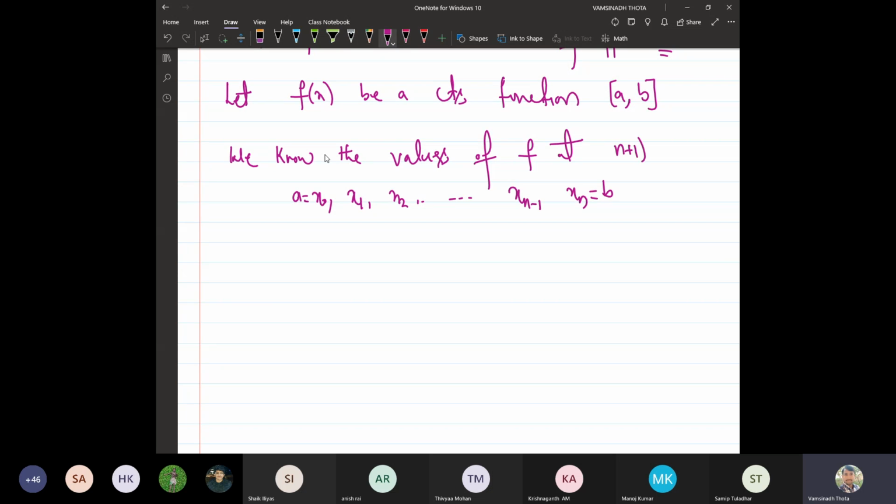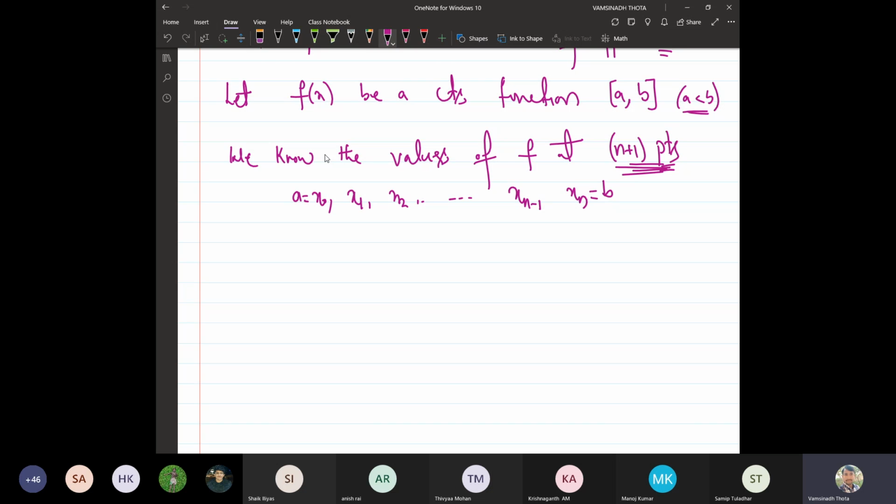So we know the values of the function at n plus 1 points only. Remember that. In this interval, how many points are there? Infinitely many points are there. But we do not know the value of the function f at every point, only at some finite n plus 1 points.